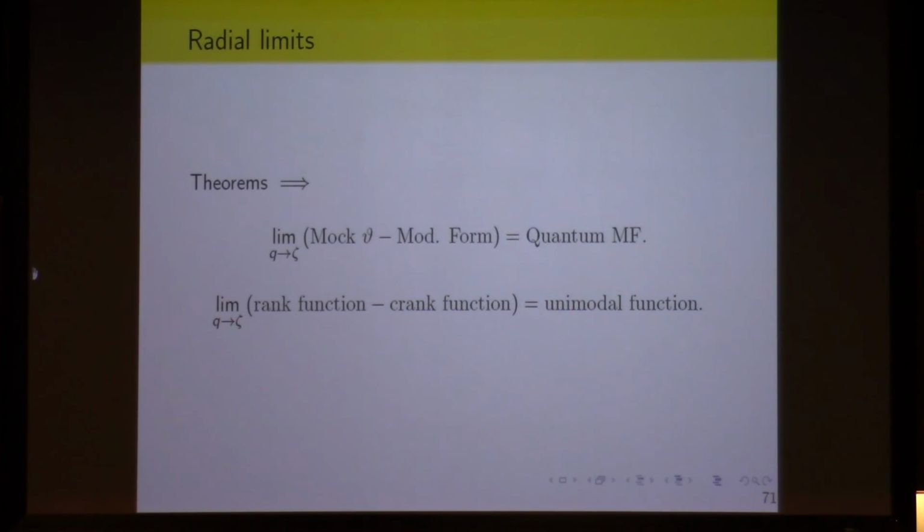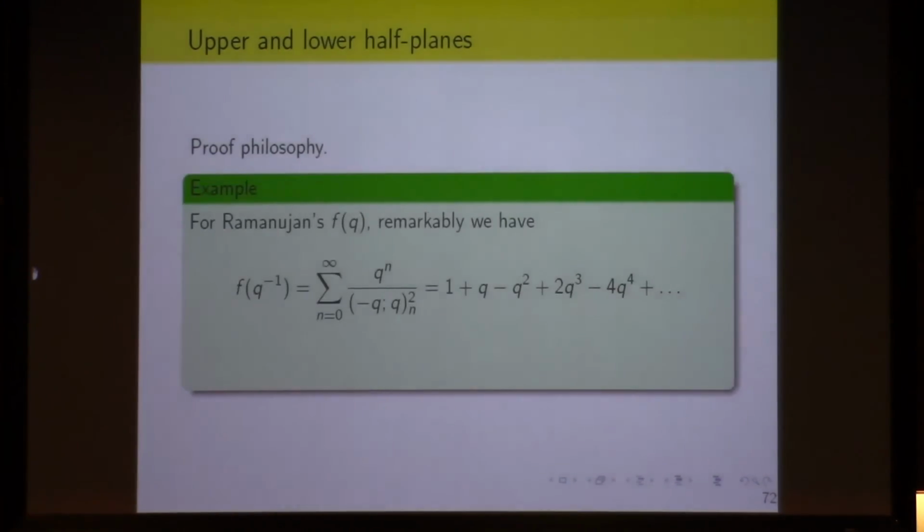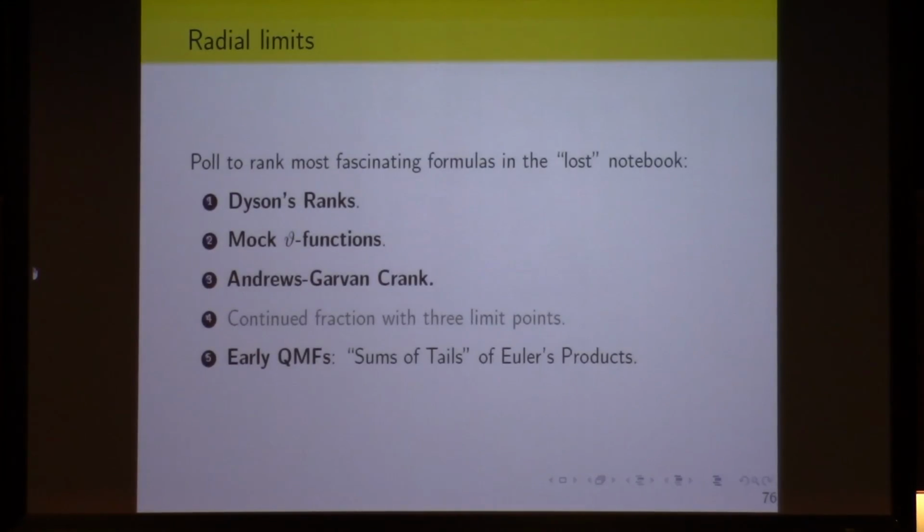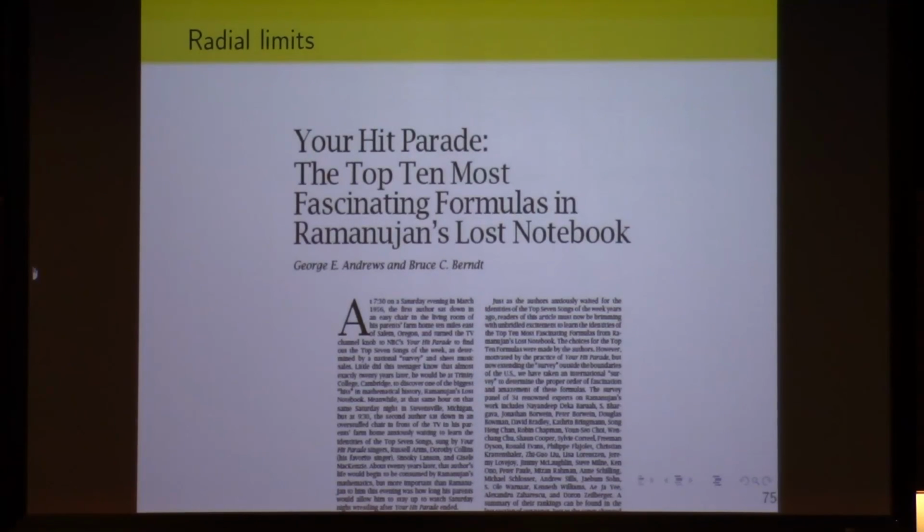So I want to end with two things. Later today, or this week, if you have some downtime, you might want to take a look at this nice short expository article by Andrews and Berndt. They polled mathematicians on what their favorite things from Ramanujan's lost notebook were.